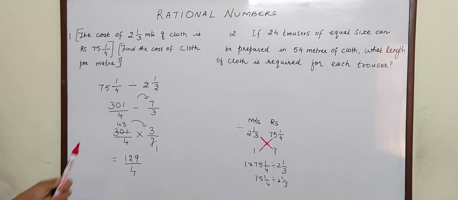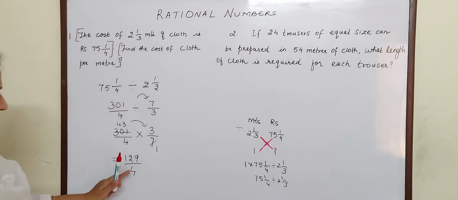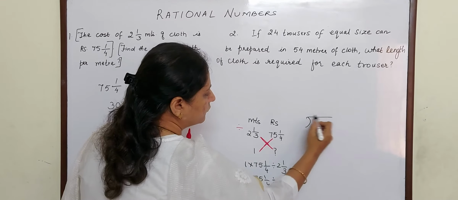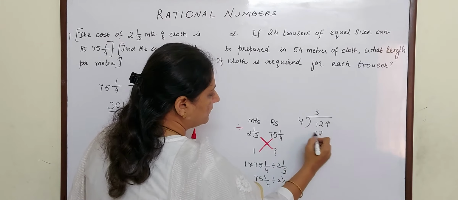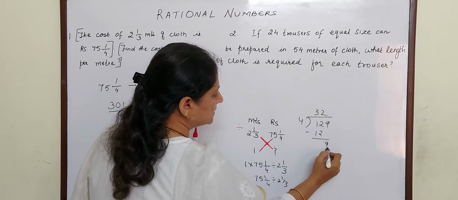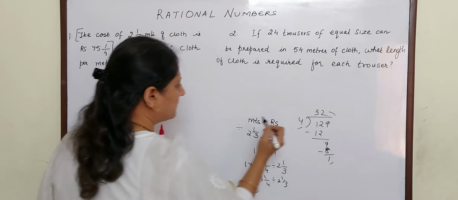Now because the question is in mixed fraction, you also have to do division and find out the answer in mixed fraction. So let us do this in the rough work. 129 divided by 4. So 129 divided by 4 is 4 3s are 12, 4 2s are 8 minus 1. So your answer is 32 1/4.